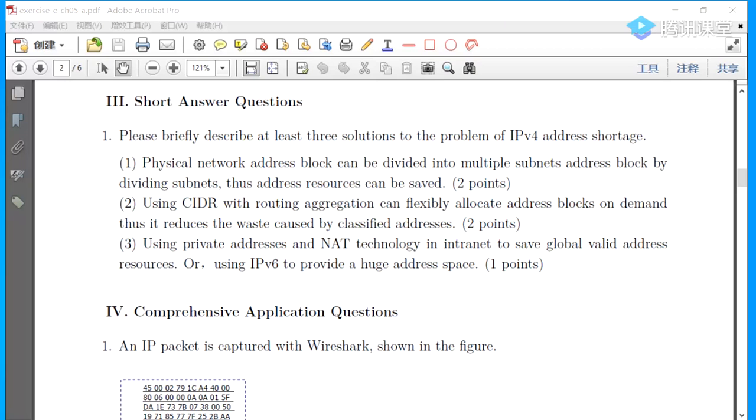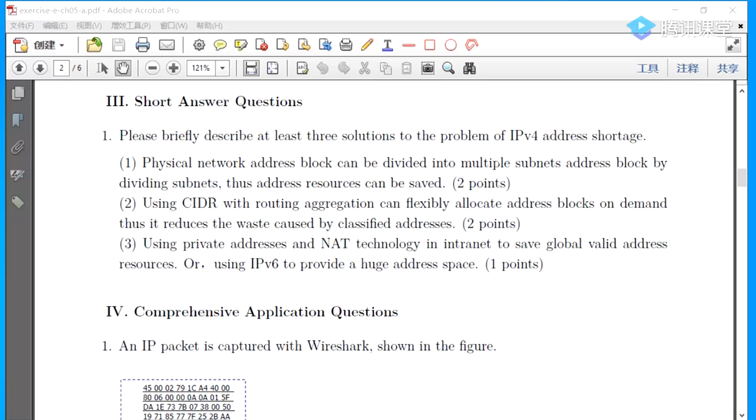Thus, it reduces the waste caused by classful addresses. Point 3. Using private addresses and NAT technology in the intranet to save global valid address resources, or using IPv6 to provide a huge address space.